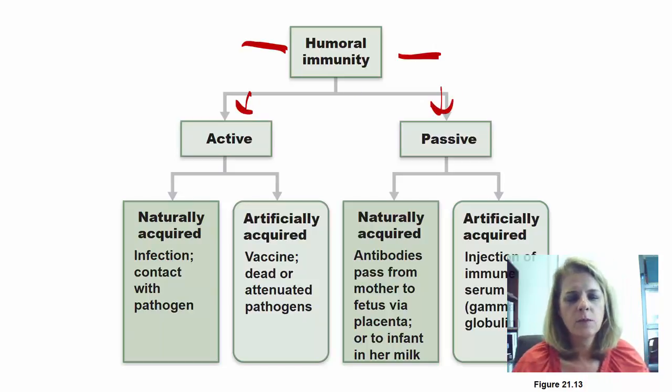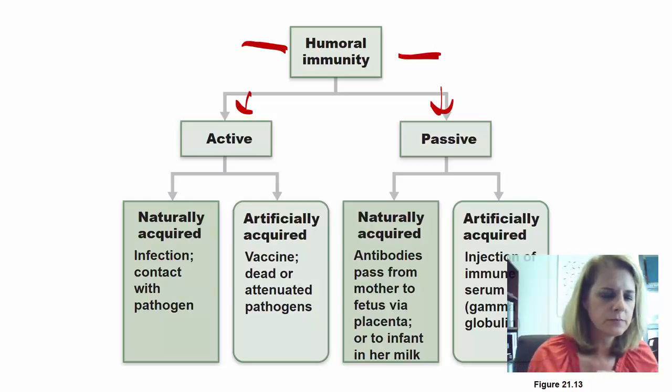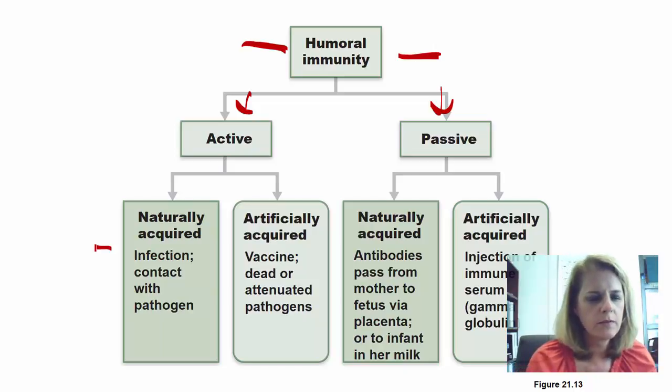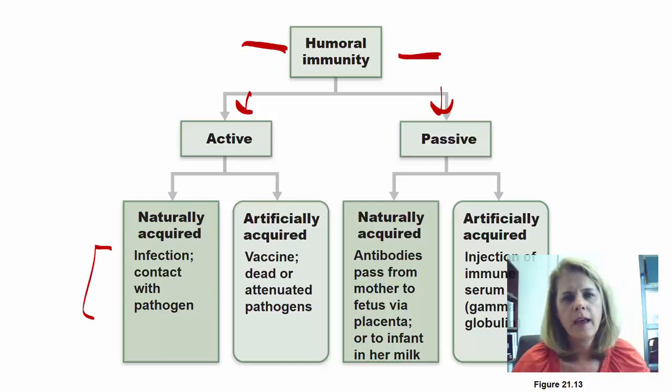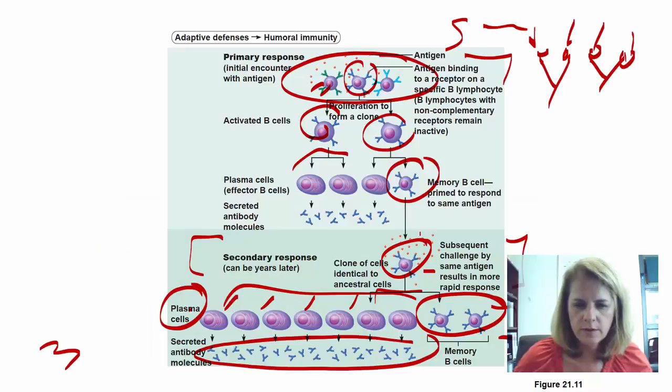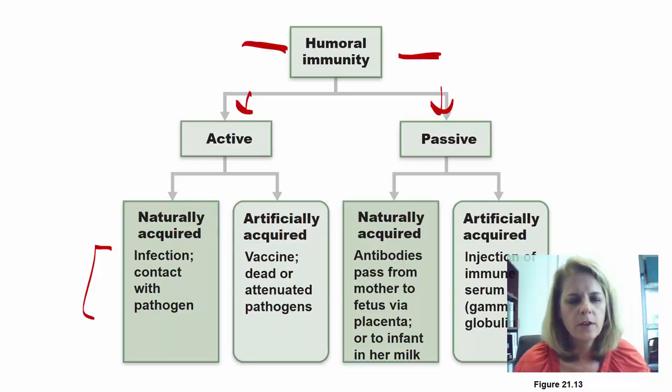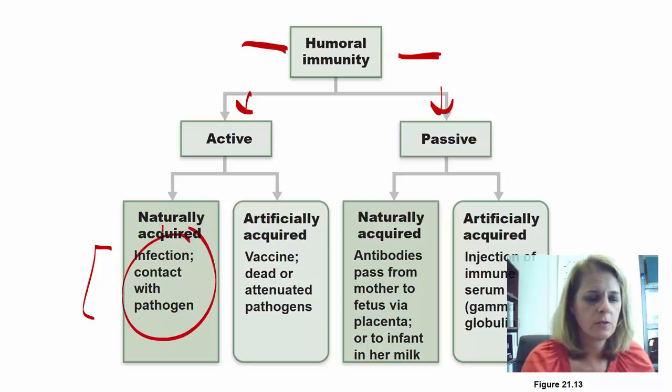When we say it's active, we're saying your body is actively making those antibodies. So you're being exposed to a pathogen, and your body is naturally forming those antibodies. So it's going through this process that I just demonstrated. You can have naturally acquired active humoral immunity, that's a mouthful, which means you've been naturally exposed to the infection or pathogen.